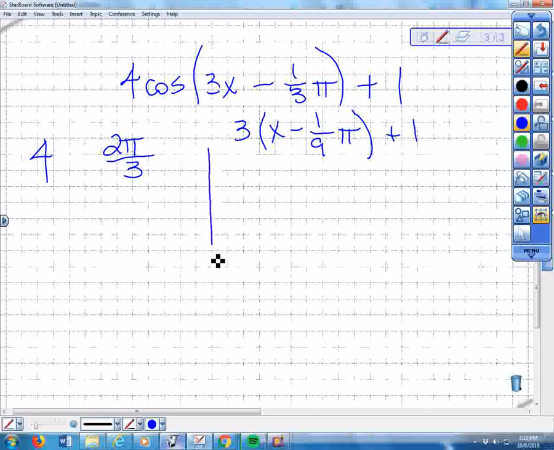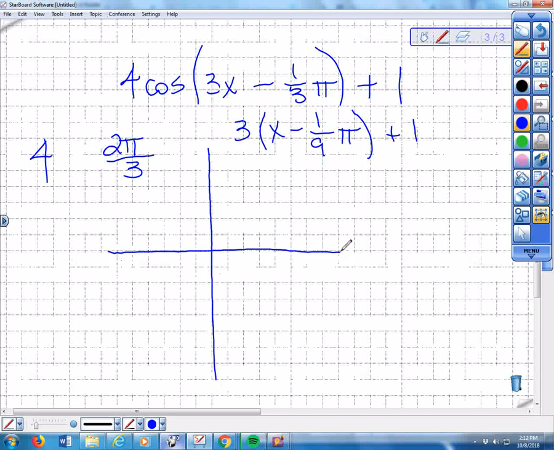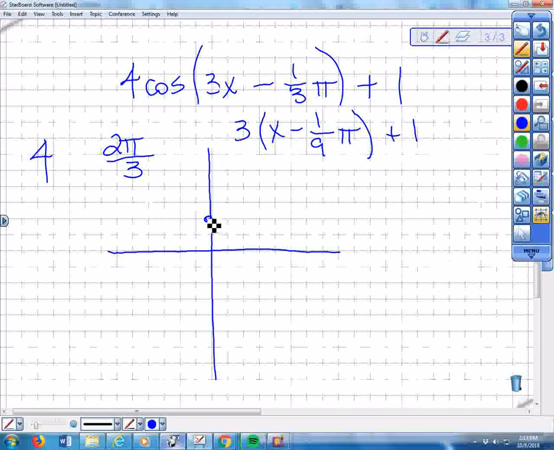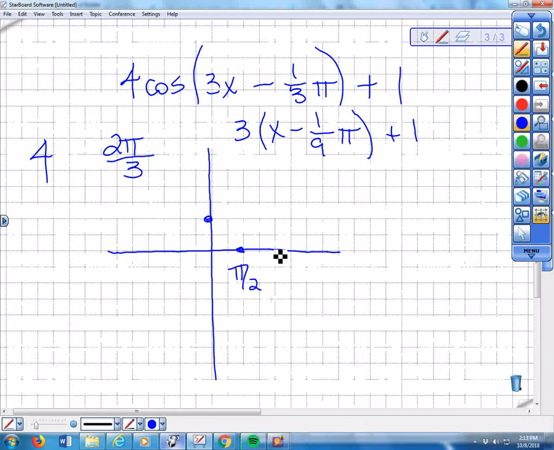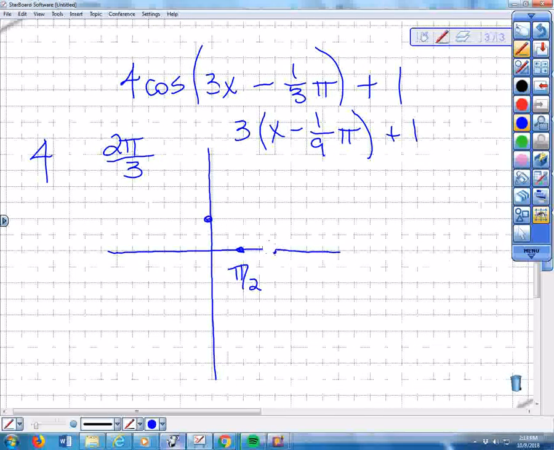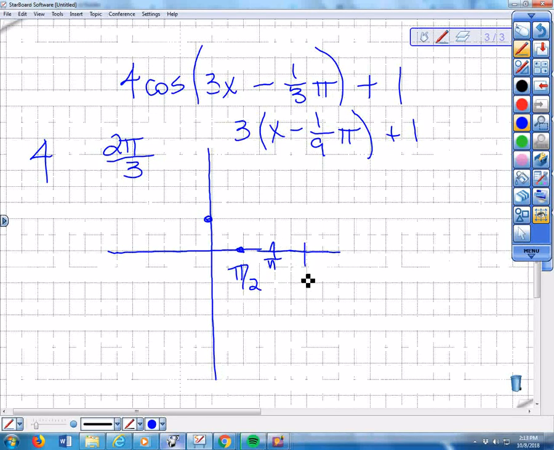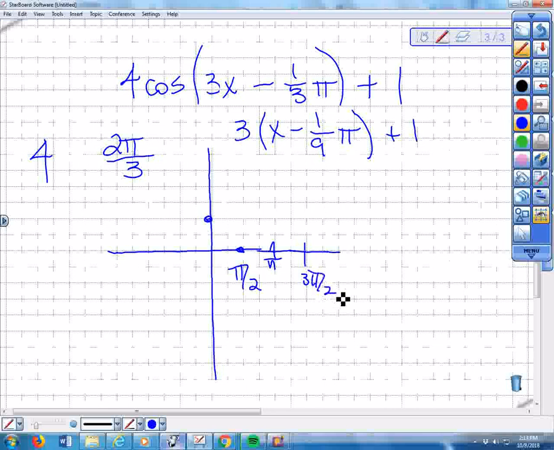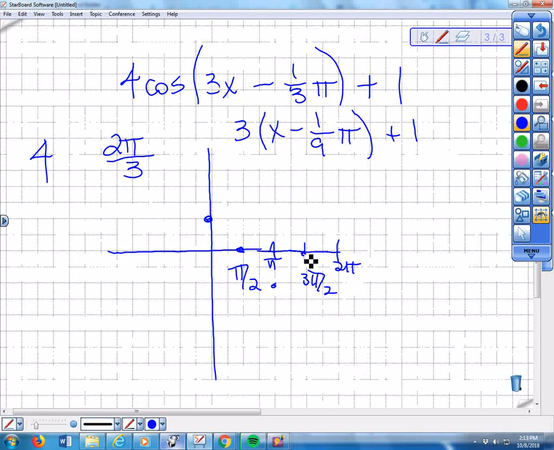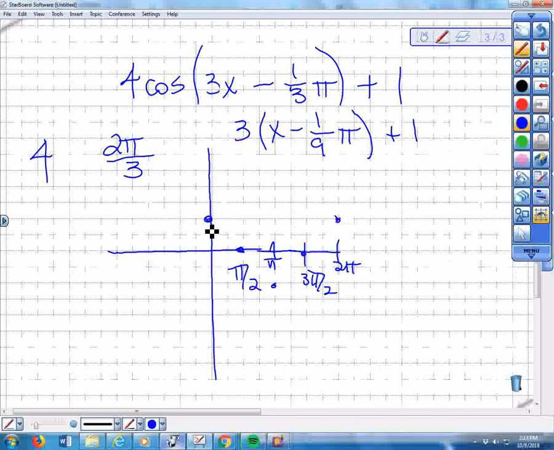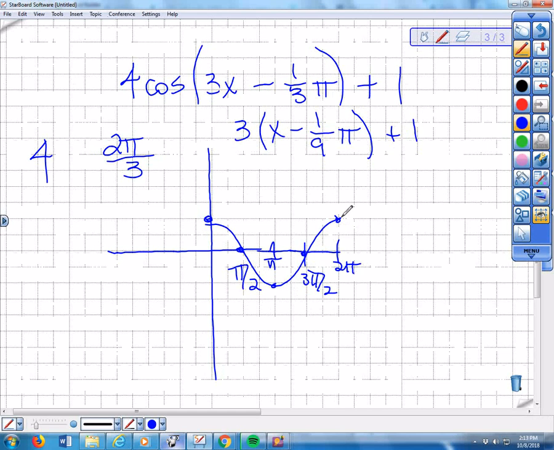So in a normal cosine graph, it's going to start here, and it's going to go, this is pi over 2. I'm not putting a point there, I just want to put a dash there. Pi over 2, pi, 3 pi over 2, 2 pi, right? And it's going to go down, come back up, and end up here. So I'm just going to do one period of the cosine graph.